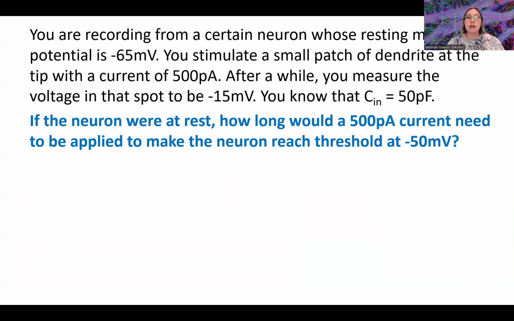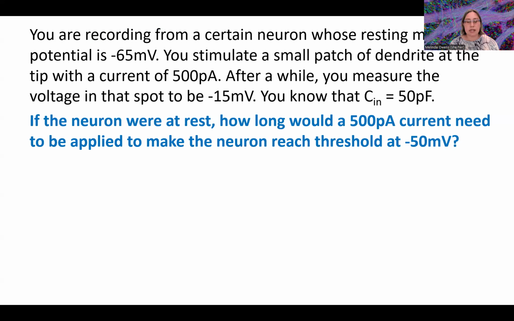Okay, so how does this work in practice? Well, let's try this question. You are recording from a neuron whose resting membrane potential is negative 65. You stimulate a small patch of dendrite at the tip of the neuron with a current of 500 picoamps. After a while, you measure the voltage in that spot to be negative 15 millivolts.